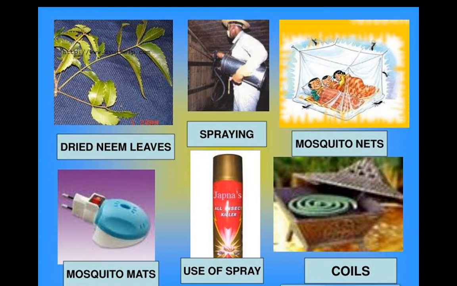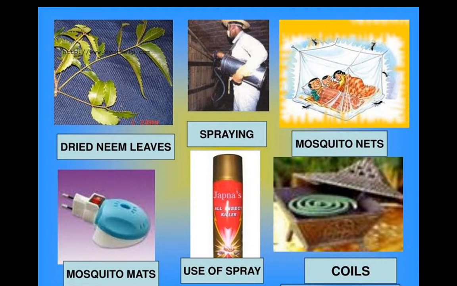Practicing the preventive measures I have given will definitely help in preventing the breeding of mosquitoes. How can we prevent the breeding or growth of mosquitoes? Normally mosquitoes grow in an unhygienic environment, means in a dirty environment. Warm and moist conditions are favorable for their growth.